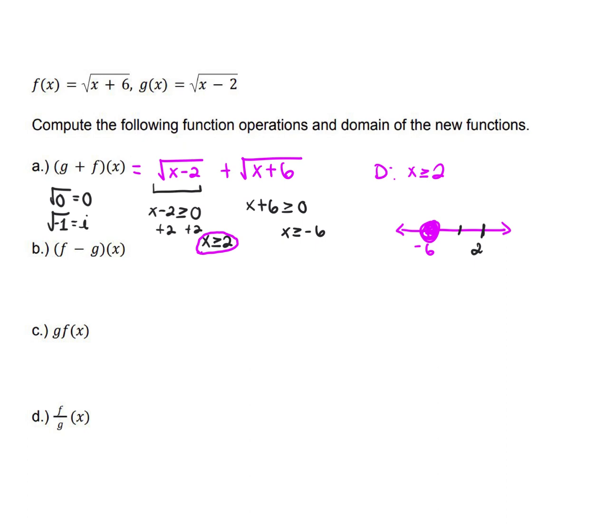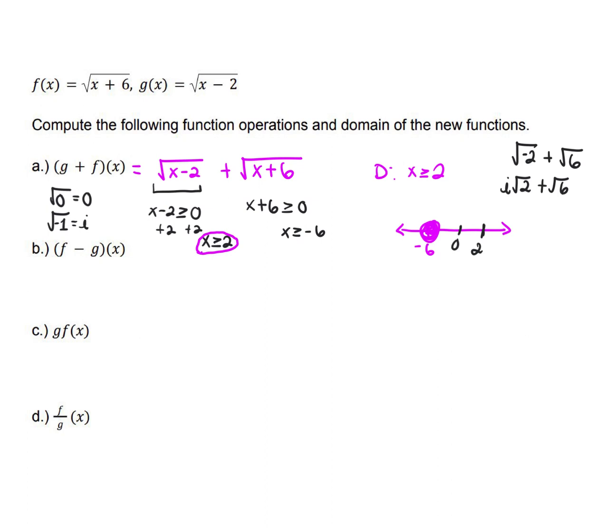And if we had something like 0, we'd have the square root of negative 2 plus the square root of 6, which would give us i square root of 2 plus square root of 6. So that's why we have to go with the domain that covers both of them. So that satisfies both of the radicals.